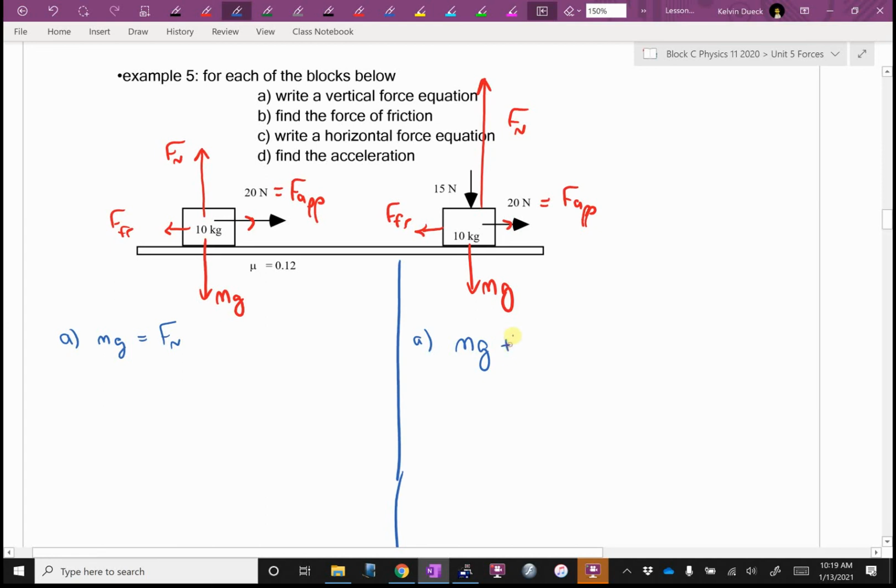Thank you. Has to equal everything up. Yep. In this case, the normal force is mg plus 15. If that 15 was pointing up, I would have mg equals normal force plus 15, and then I would minus the 15 over to get the normal force by itself. This is why I said I'll never give you an equation to find the normal force. You'll have to just derive it from the free body diagram. Okay.